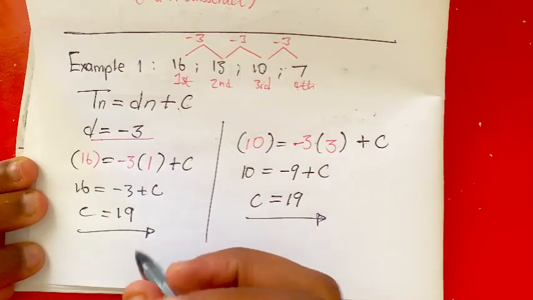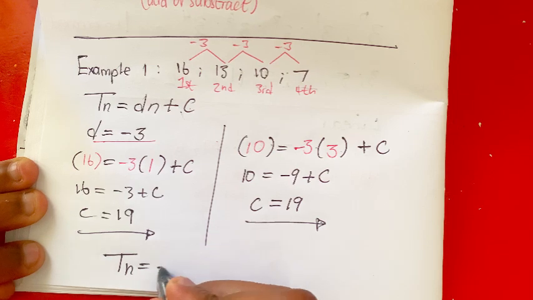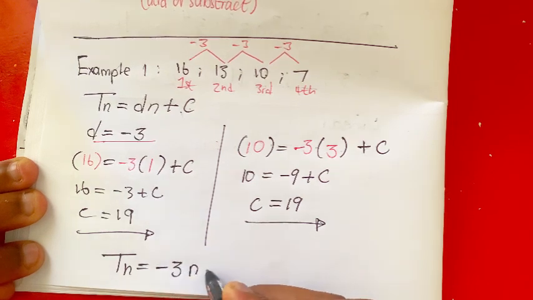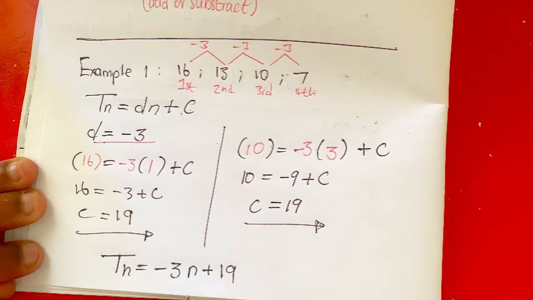To find the term, the equation Tn will be equal to the difference times n plus 19, which means every time you want to find a specific term, its position will go here, then you will get the term. Say you want to find the fifth term.